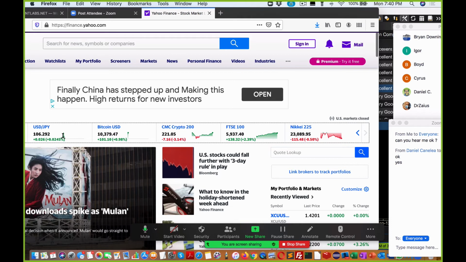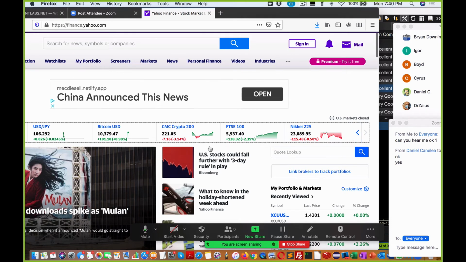This is why you're not making a lot of money in forex, because the moves are so minuscule compared to Bitcoin, or even the markets themselves at 0.5% or 1%. If you look at the CMC crypto index of 200 different crypto coins, it's moved 3.14%. It's not in the right direction, but it shows you the moves are much bigger, up to 100 times bigger than with Forex.